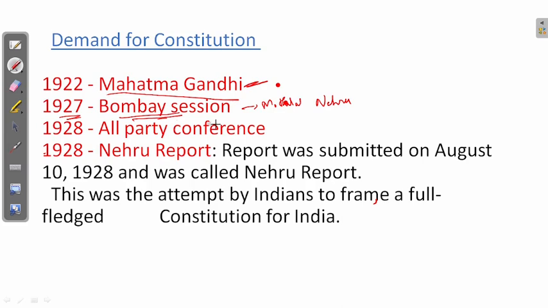Next, in 1928, in the All Parties Conference, a committee was set up under the chairmanship of Motilal Nehru to determine the principles of the Constitution of India.